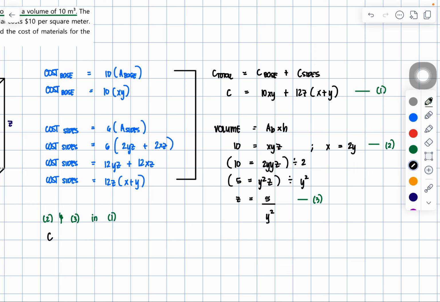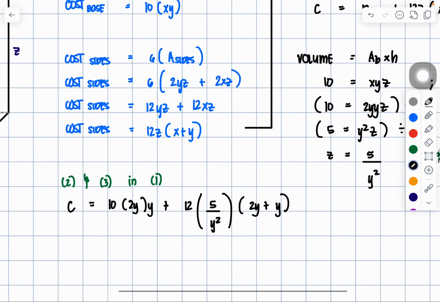So ang cost natin, you have 10, ang x mo is 2y times y plus 12, ang z mo is 5 divided by y squared, multiplied by the quantity of x, again, yung x mo is 2y, and then yung y mo as it is.